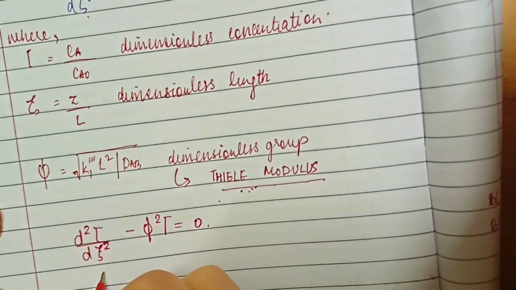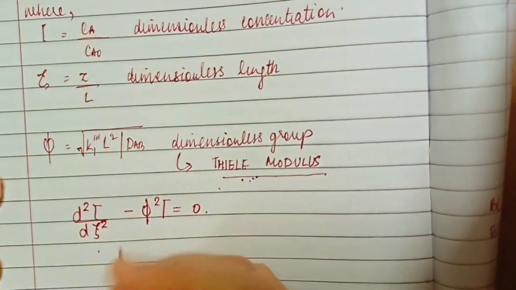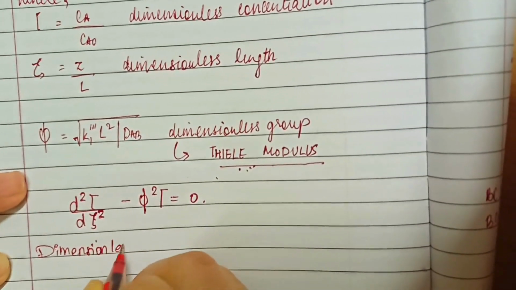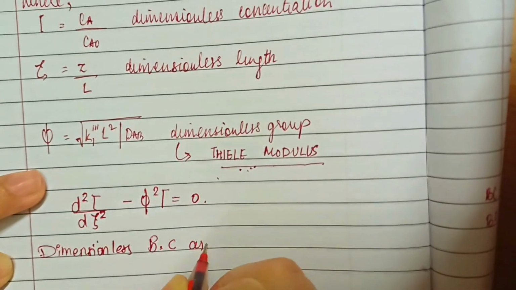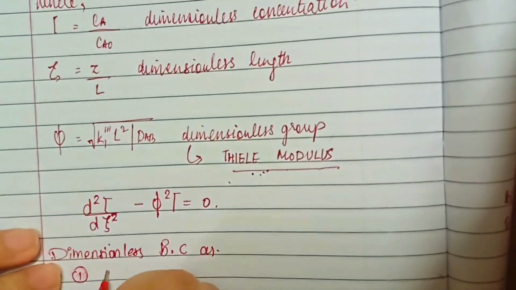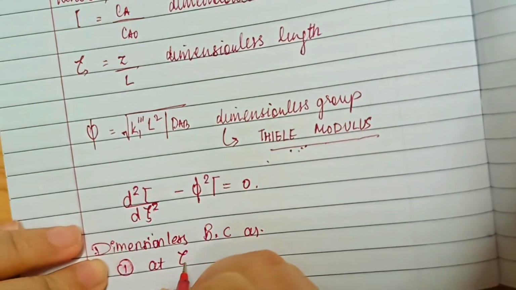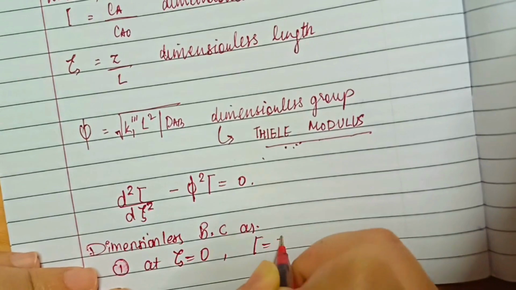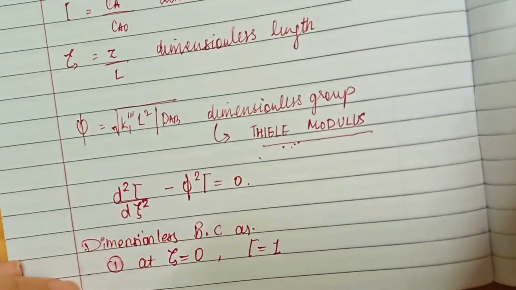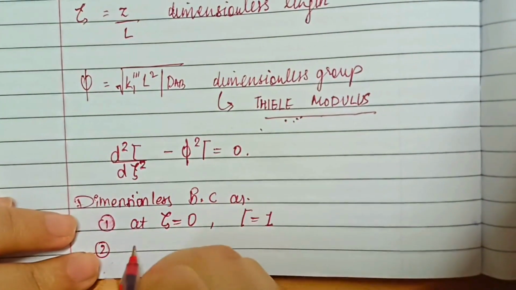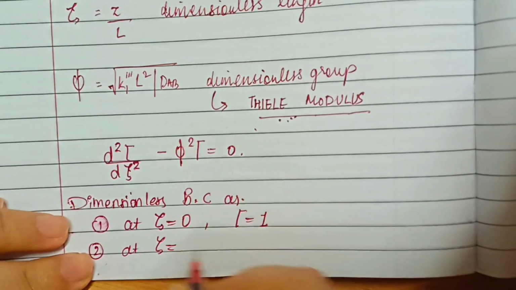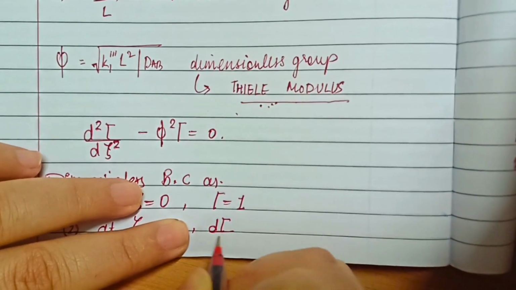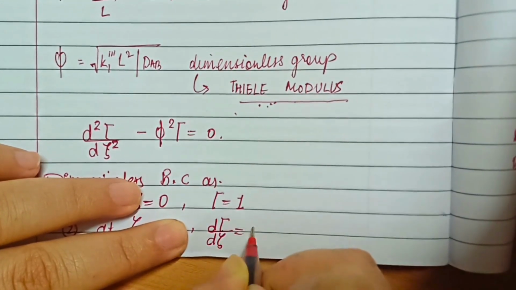In this equation, we will apply the dimensionless boundary conditions. The first is at zeta is equal to 0, the value of gamma will be 1, and the second boundary condition is at zeta is equal to 1, d gamma upon d zeta is equal to 0.